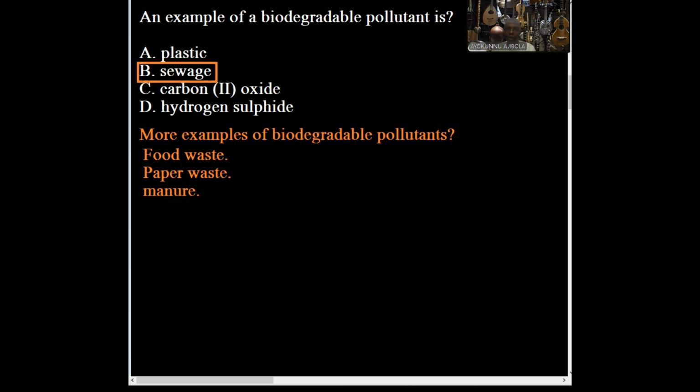If we talked about examples of biodegradable materials, we can also look at some materials that are not biodegradable. So, examples of non-biodegradable pollutants.